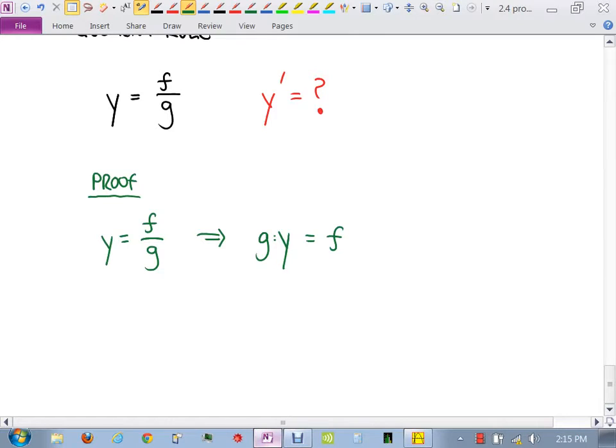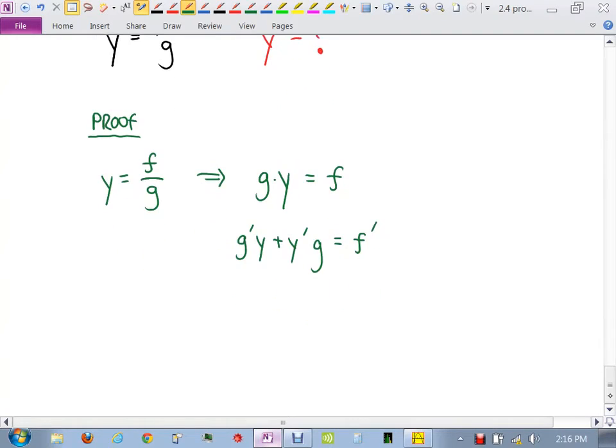What's the derivative of the product on the left side? What do you get? G prime y plus y prime g equals the derivative of the right is f prime, isn't it? Y'all see what I did there? Yay or nay?